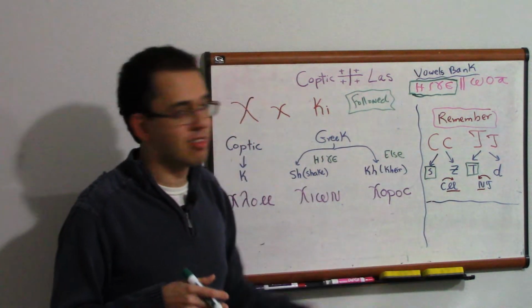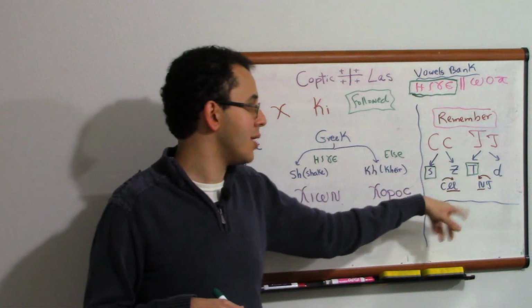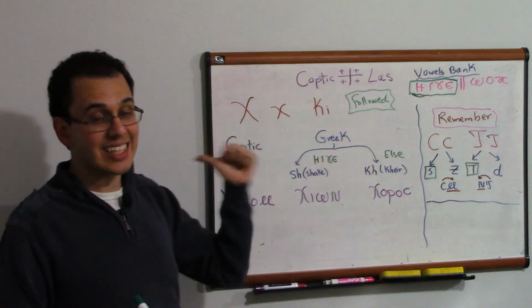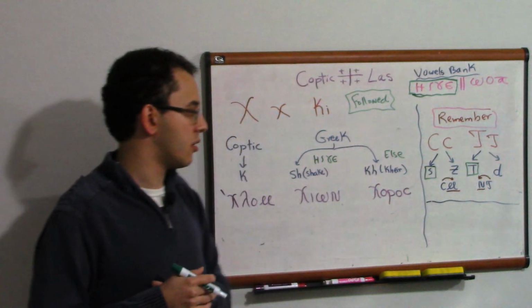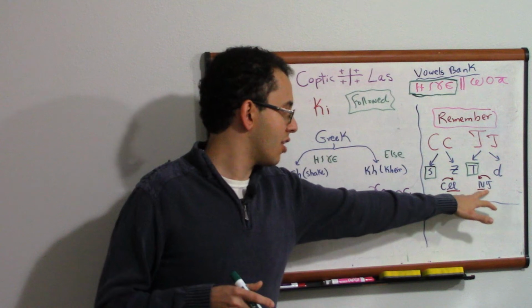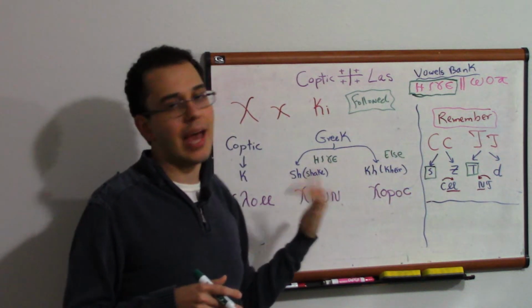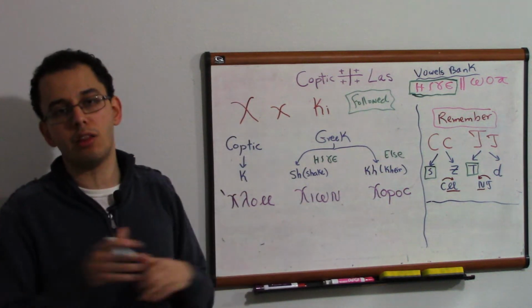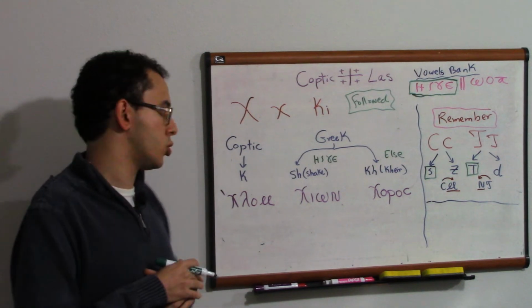And Taf is opposite, right? Taf is always a T, but then it becomes a D when it's preceded by Ni. So if the word is of Greek origin and the Taf is preceded by Ni, then it will be a D sound instead of the regular T. That's always the case, and that's what we're used to.